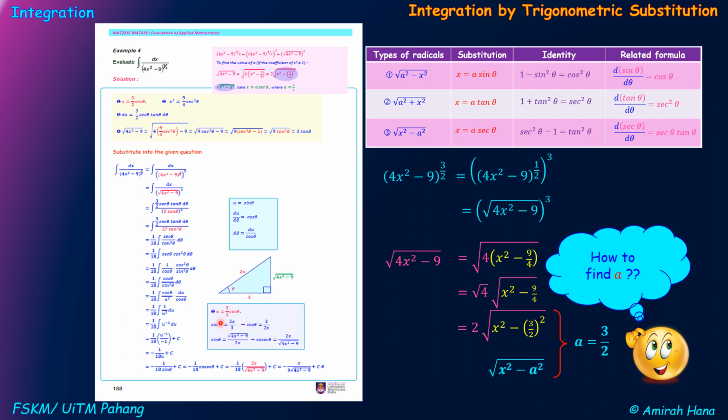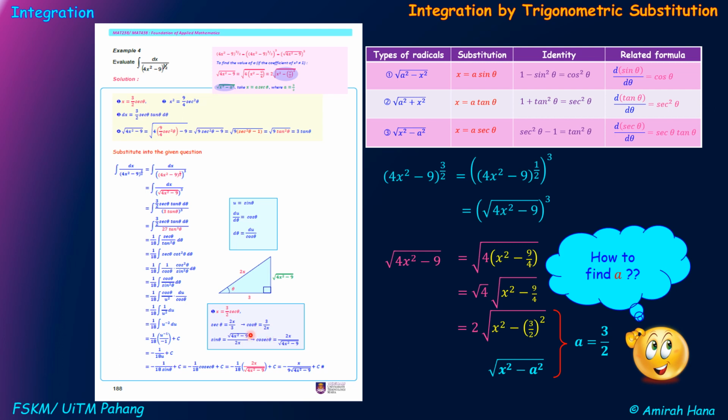Tapi kalau nak mudah letak kat mana satu, opposite ke, adjacent ke, hypotenuse ke, tukar dulu sec theta ni sebab sec theta ni adalah reciprocal function for cos theta. So tukar dulu sec theta ni kepada cos theta. And then since sec theta is a reciprocal function for cos theta, you just exchange numerator and denominator. So we got cos theta equals to 3 over 2x.